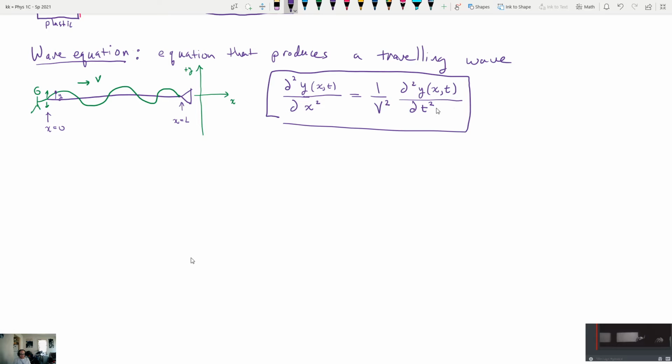Any wave y of x and t that satisfies this equation will be a traveling wave.